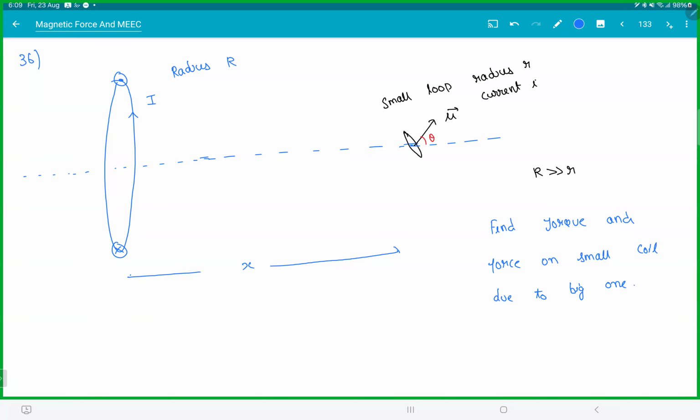So the big coil is producing the magnetic field. In that magnetic field, you kept a small coil. So that is experiencing torque and force.